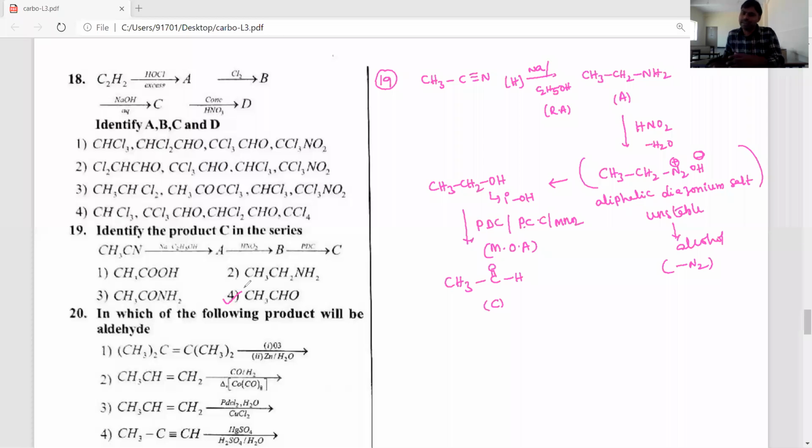These salts are unstable and immediately converted into alcohols. Primary alcohols treated with PCC or PDC or MnO2 are converted into aldehydes. So the answer is the fourth option. These types of conversions are very important. Let's see the 20th question, dear students.